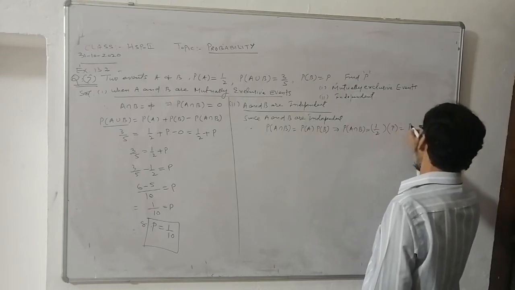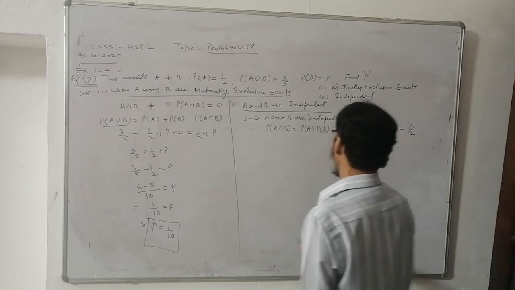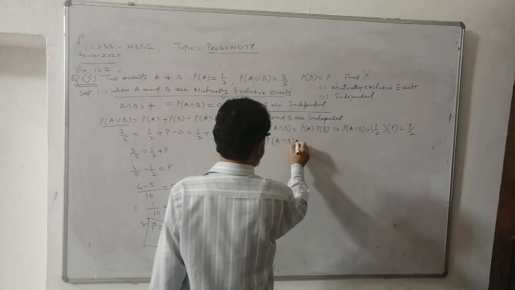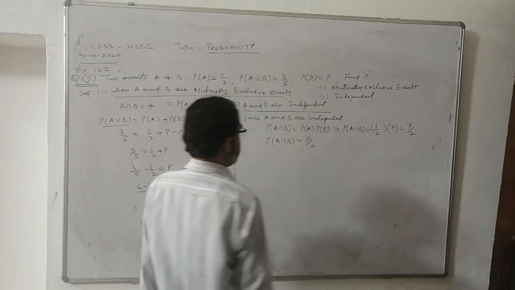So this is P upon 2. Therefore probability of A intersection B is P upon 2.